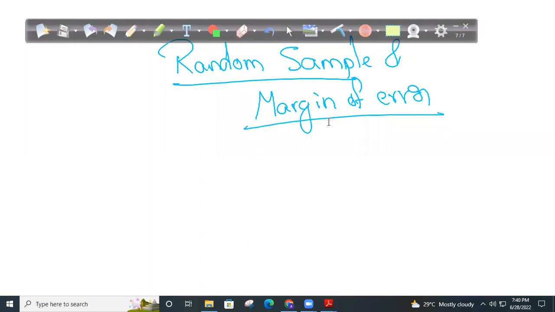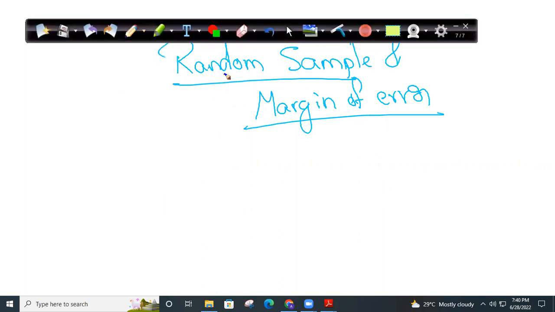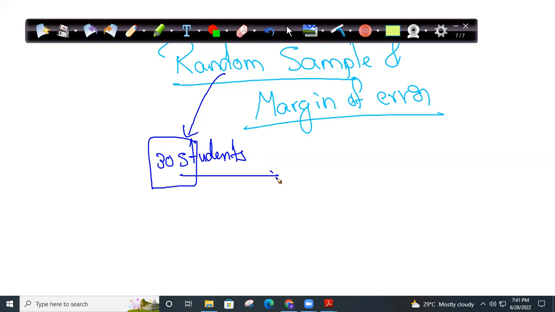Now let me say random sample. What is the meaning of random sample? Assume right now there are approximately 30 students in the class. I want to know how many of you are understanding what I am teaching in the class.